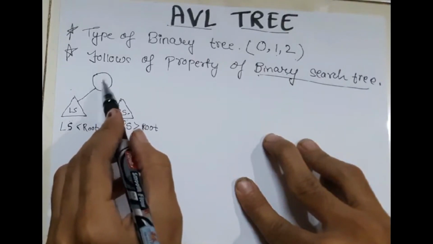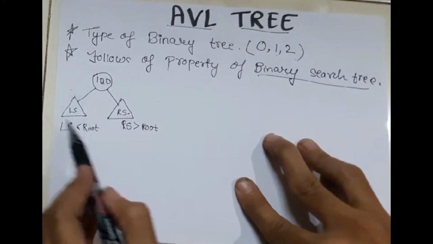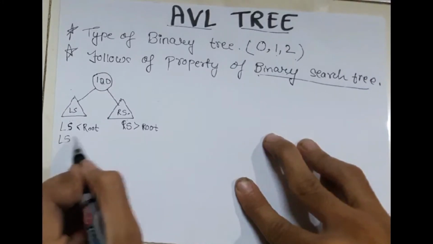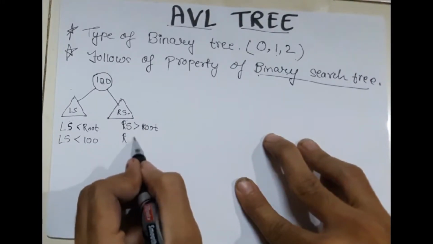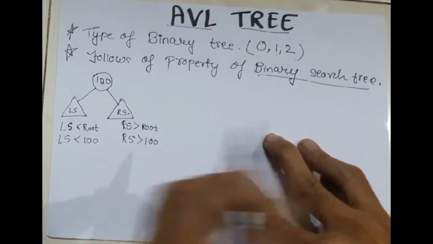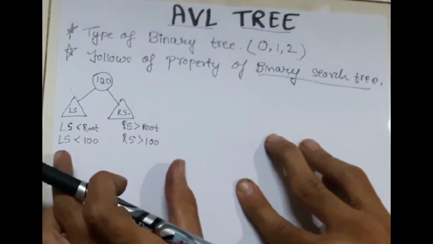Suppose if the value of the root node is 100. So now the nodes in the left subtree will have values less than 100, and nodes in the right subtree will have values greater than 100. Okay. So this is the logic of binary search tree.